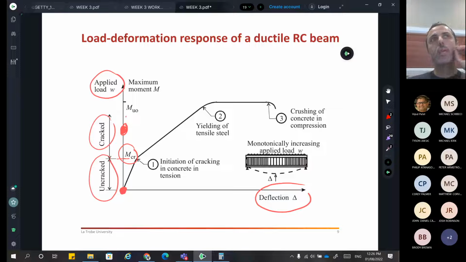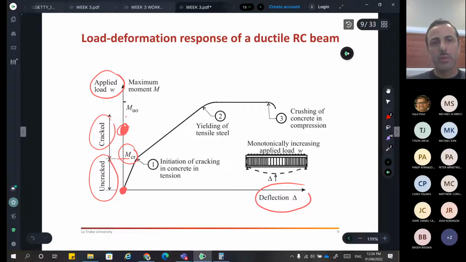It's the moment when the cracks will happen. Now, someone will say, but you said we don't want cracks, and you said we're going to be here, and we have the limit up to there for the maximum capacity of the beam, right? Remember, the cracks we're talking about are micro cracks. You don't see them, and we want those cracks to happen.